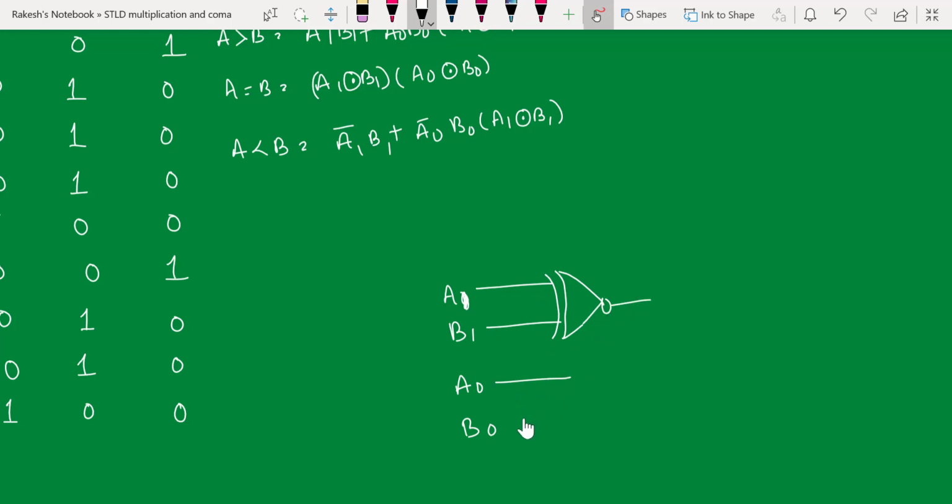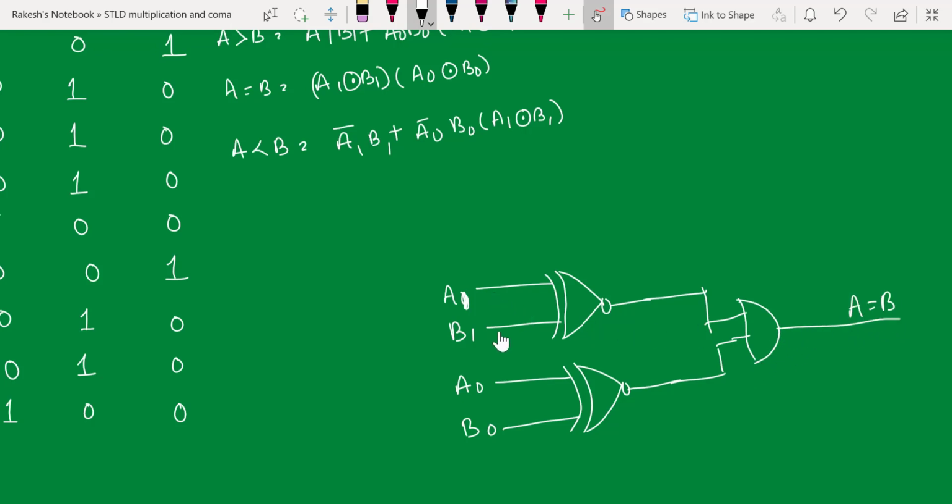Then one more XNOR gate to check whether my A0 and B0 bits are equal or not. If both are equal, I'm going to connect these two outputs to an AND gate. So this AND gate is going to produce my A equals to B output. Whenever A1 B1 is 1 and A0 B0 is 1, you're going to produce output 1, and you get the A equals to B output high.